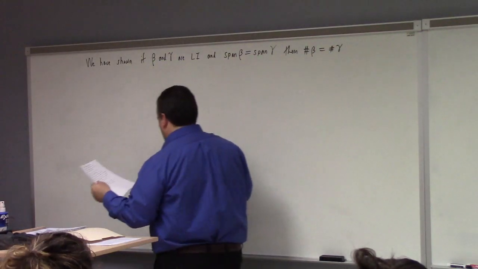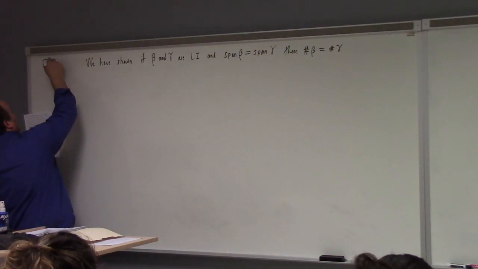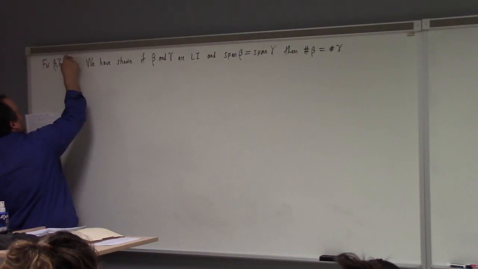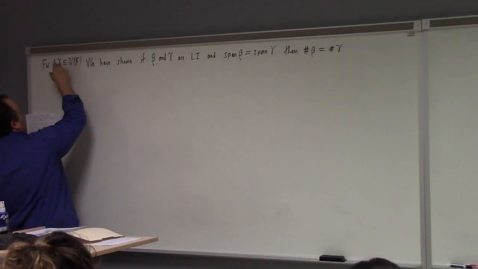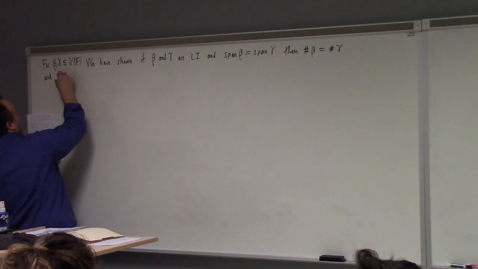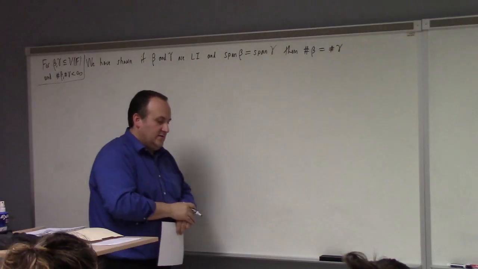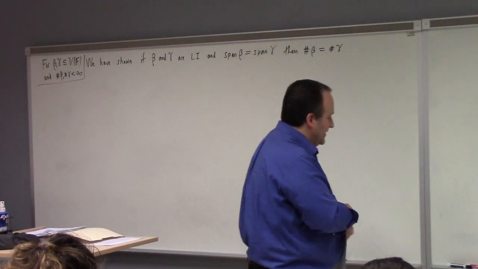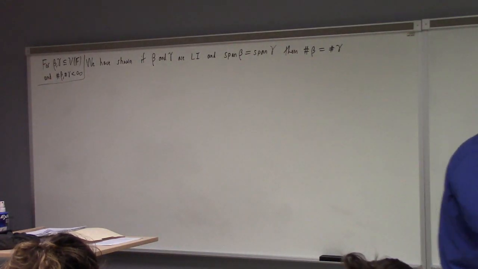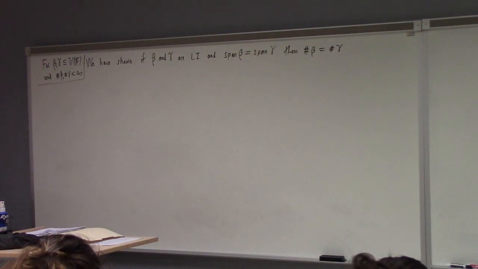Now, the context I'm saying here is for beta, gamma subsets of a vector space over a field, and the number of beta, number of gamma, less than infinity. All right, that's the context. So if we have two finite sets of linearly independent vectors whose spans are equal, then it follows that the number of vectors in those spanning sets must be equal. This is a straightforward consequence of looking at the vector space V being the span of beta.